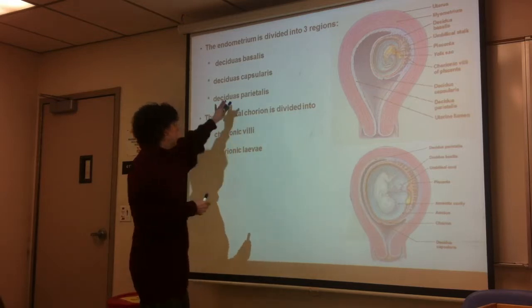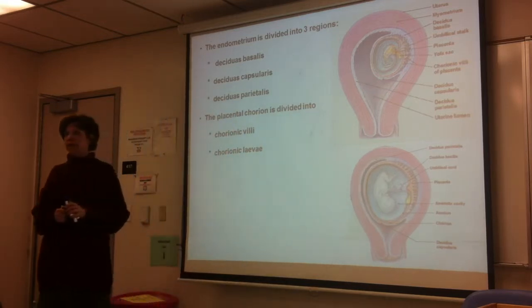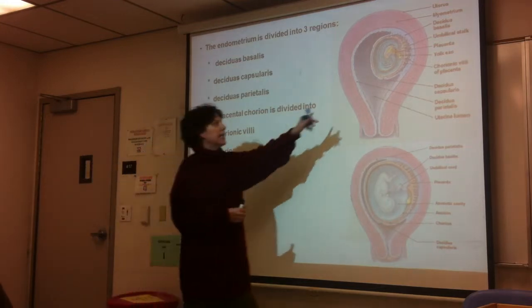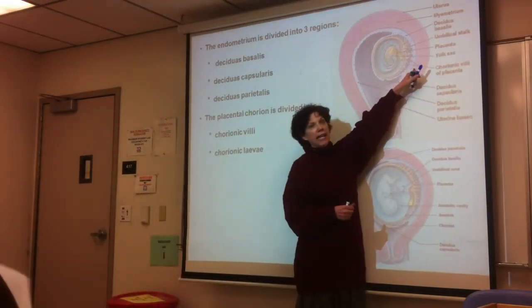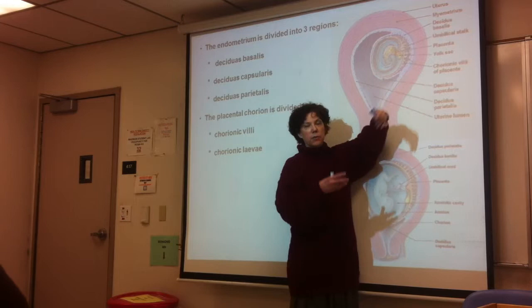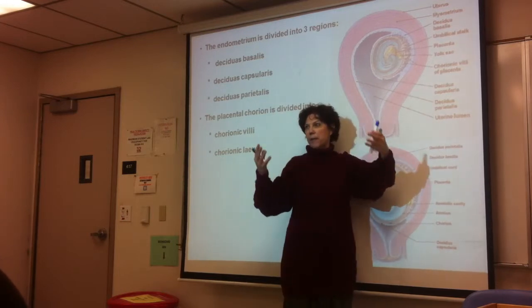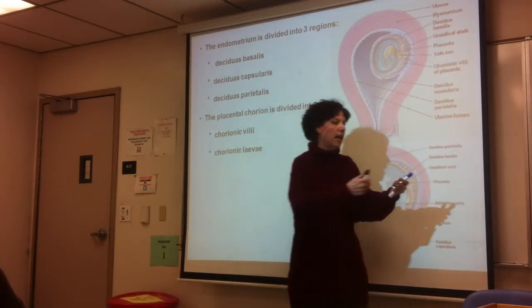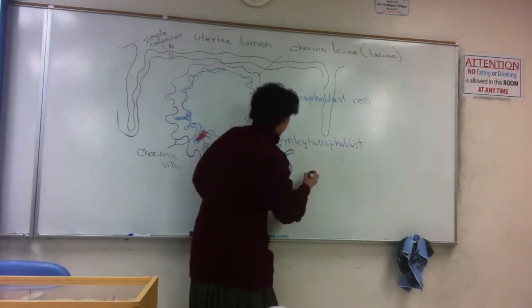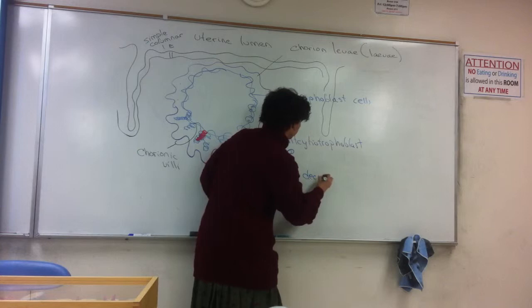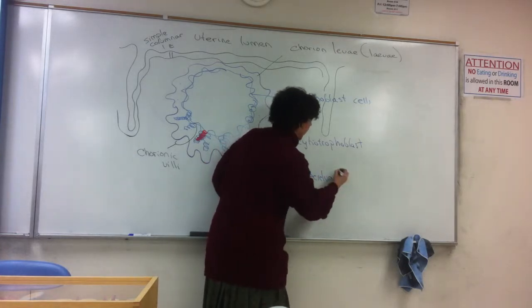We have three locations of maternal stratum functionalis. Immediately deep to the chorionic villi, this is where the spiral arteries are forming the lacunae and supplying the blood aspect of maternal tissue. So this would be the decidua basalis.